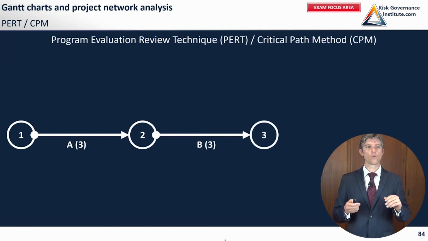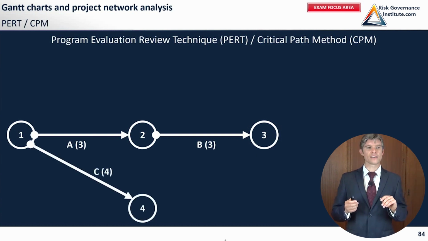And then, once you have completed the duration A and you've gone to point 2, it's going to take you another 3 weeks to get to point 3. So in all, to get from point 1 to 3, it is taking us 3 from A, plus 3 from B, weeks to complete our whole path.